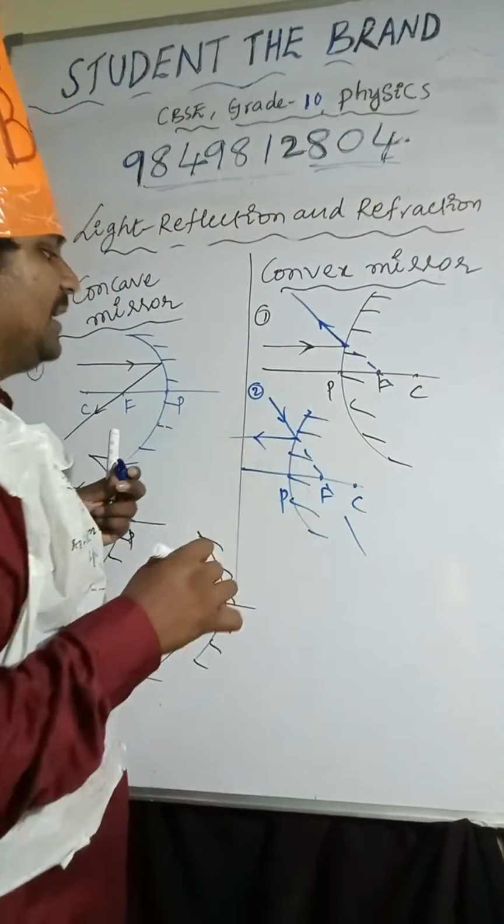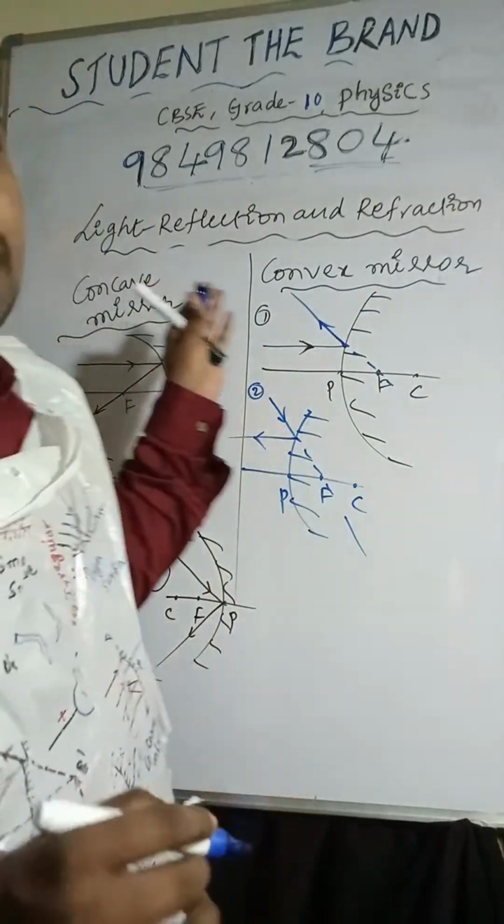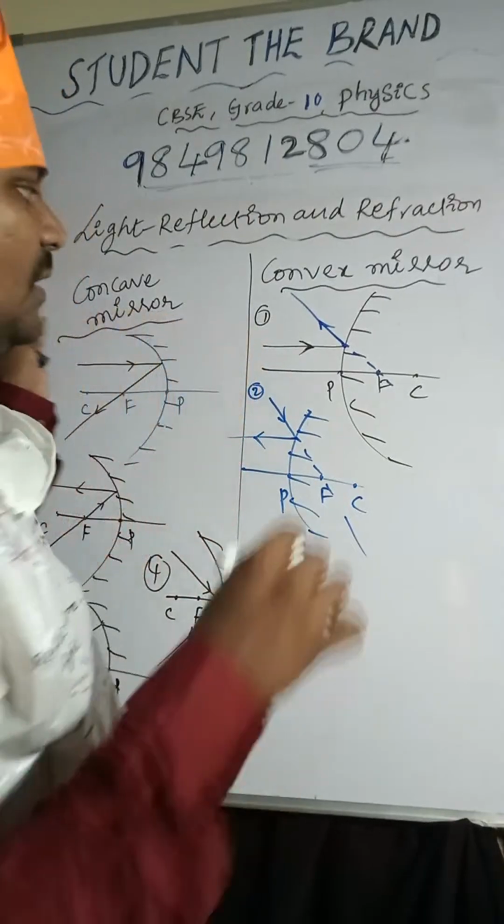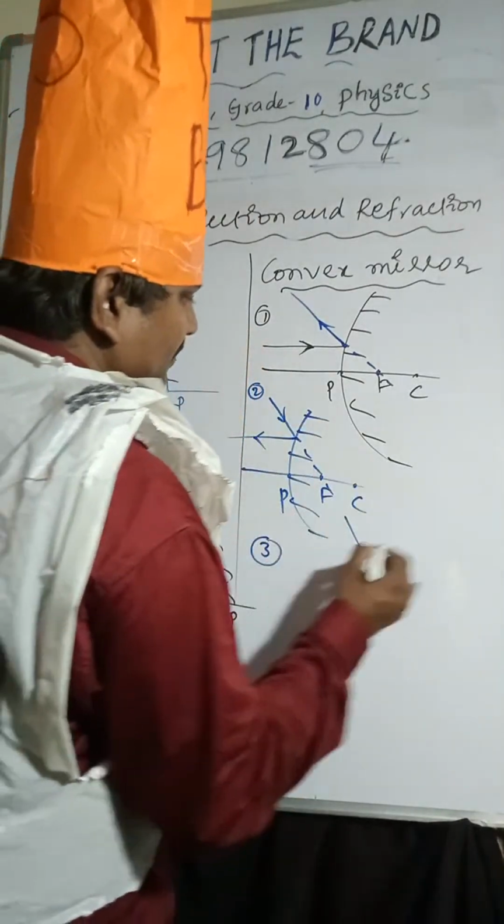Light ray is passing through focus. After reflection it moves towards infinity. Understood?